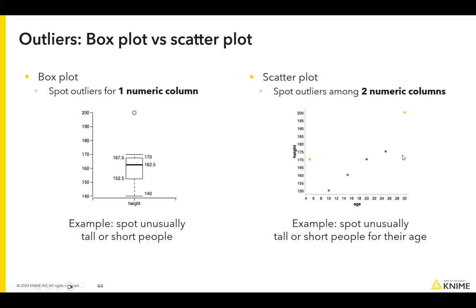And again, the scatter plot, if you see the correlation and there is a data point that doesn't fit into this general trend, you can consider it an outlier. Or if you see clearly there are some groups of data and 1 data point doesn't belong to any of those groups, you can also consider it an outlier.